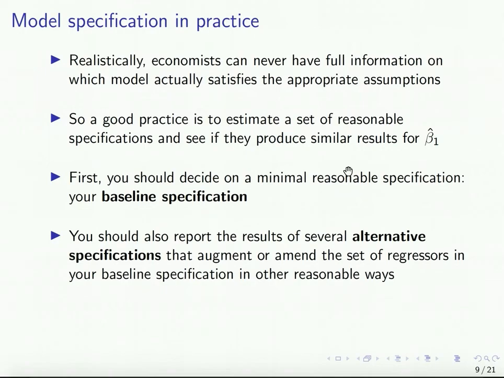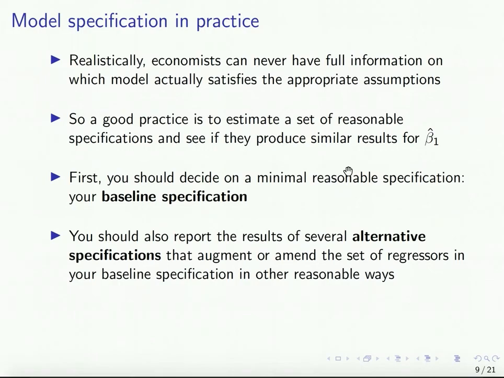First, you may think, well, I really have to control for ability. There's not a version of my work I want to show in which I'm abstracting from ability. So maybe the very first regression you should run is wages on schooling and IQ test. That would be your baseline specification.